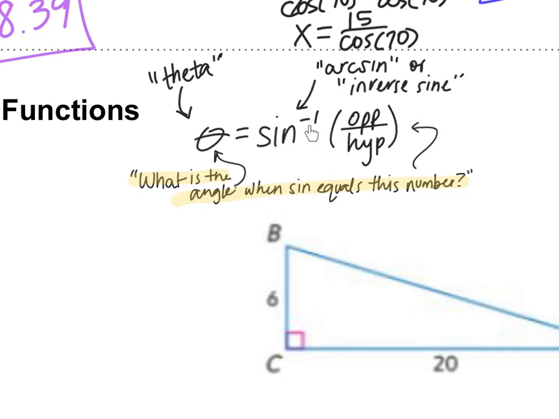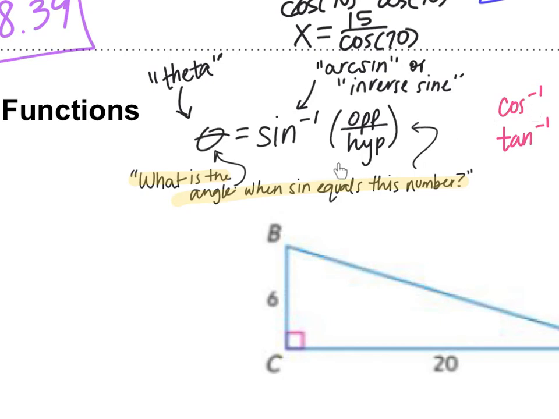This is just called the inverse. This is what it looks like. You also have cosine inverse, and then inverse tangent. Okay, so they all have that -1 up above it. And in your calculator, it looks just like this. It's a totally different button.